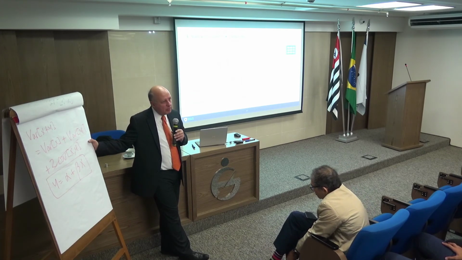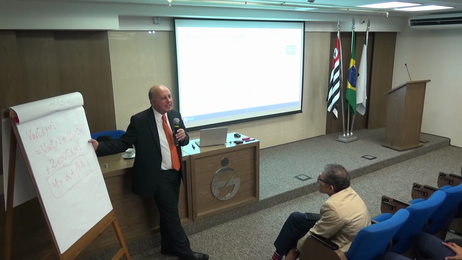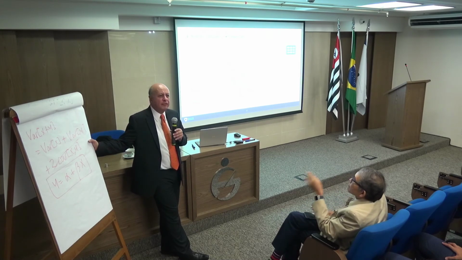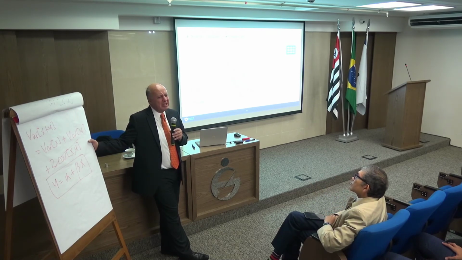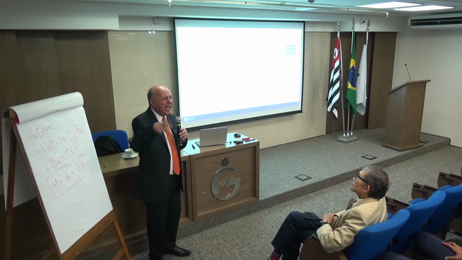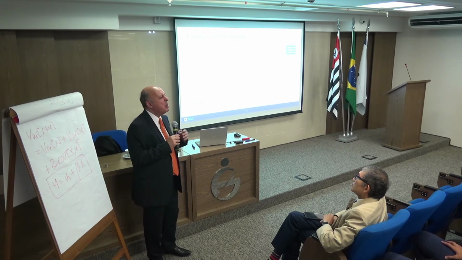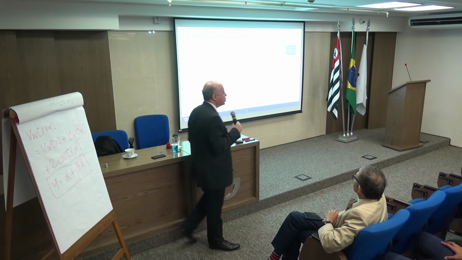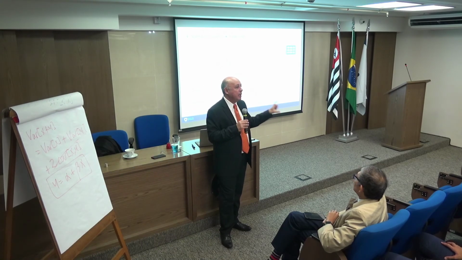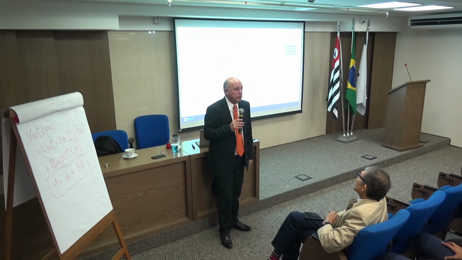For example, the risk of a cyber attack. It's very difficult to estimate what the risk is, because you have very little observation, very little experience, and it's also a risk that is very dynamic and changes all the time. So how much capital should I allocate to face a cyber attack? This is impossible to calculate.